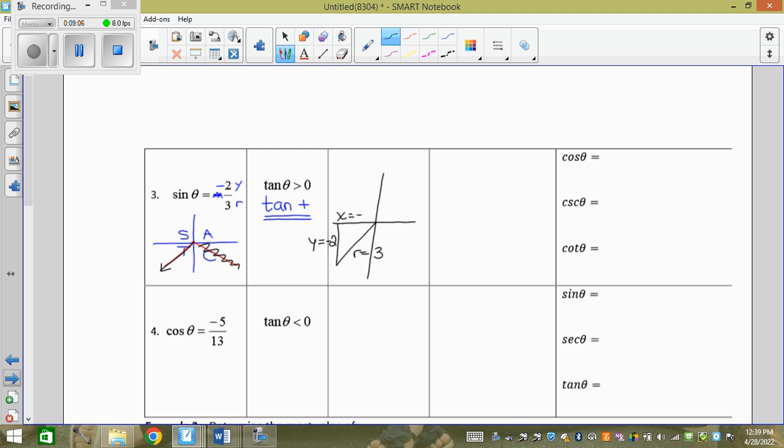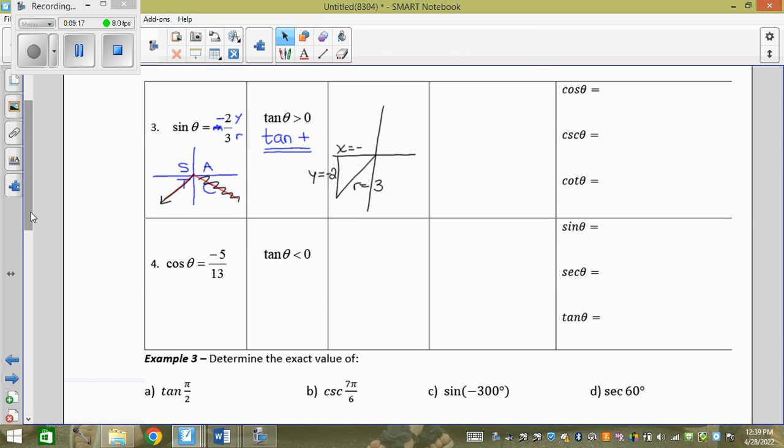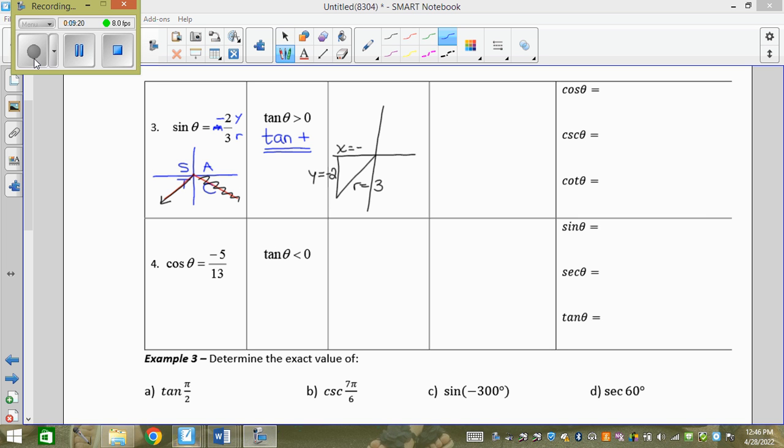So you need to draw them so that you get the right sign, because you're going to get plus or minus when you do Pythagorean. So I want you to try 3 and 4. Try them out. We're going to have x squared equals r squared minus y squared. X squared equals 9 minus 4.